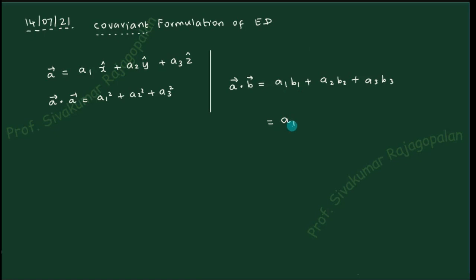A1, one of them will be in the lower index. The B1 we can write in the upper index by having another definition. Plus A2 B2. These are not powers, it is only that we say it is a lower index and an upper index. Then we have A3 into B3.